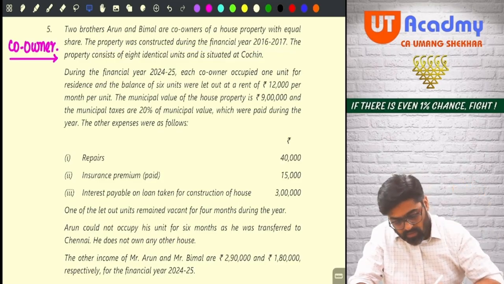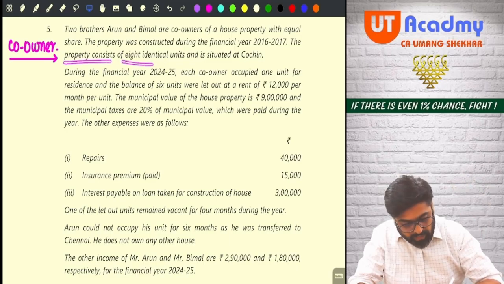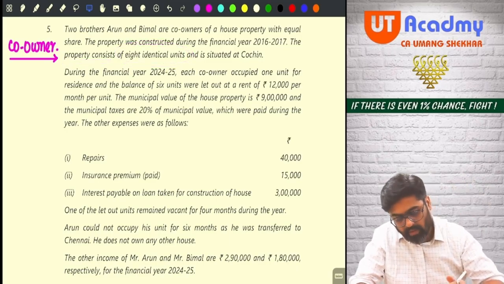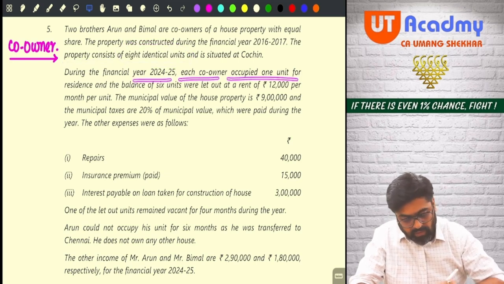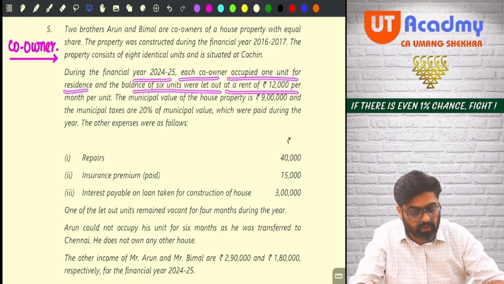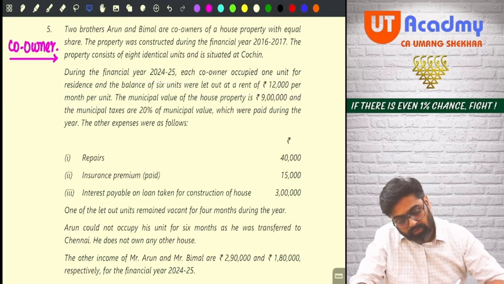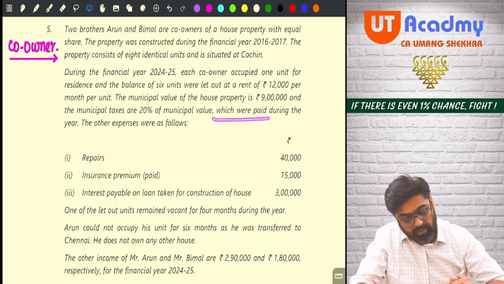The property consists of 8 identical units and is situated in Cochin. During the financial year 24-25, each co-owner occupied 1 unit for the residence and the balance of 6 units were let out at a rent of 12,000 per month per unit. The municipal value of the house property is 9 lakhs and the municipal tax is at 20% of the municipal value, which were paid during the year.